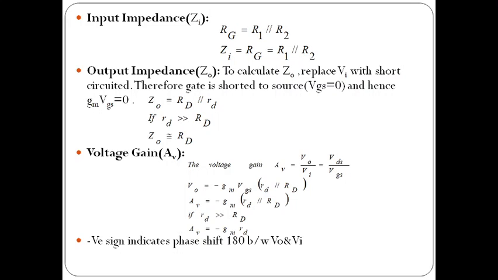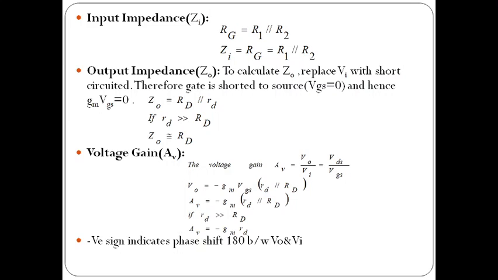We can write the output voltage as VDS and the input voltage as VGS, so V0 by VI equals VDS by VGS. From the circuit diagram, output voltage equals minus gm VGS into the parallel resistance of small rd and capital RD, which is nothing but the output impedance. So output voltage is the current passing through the output impedance, which is minus gm into VGS.